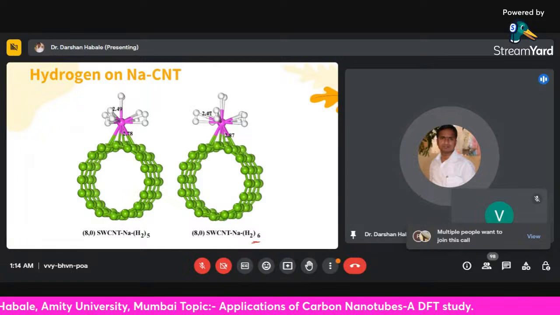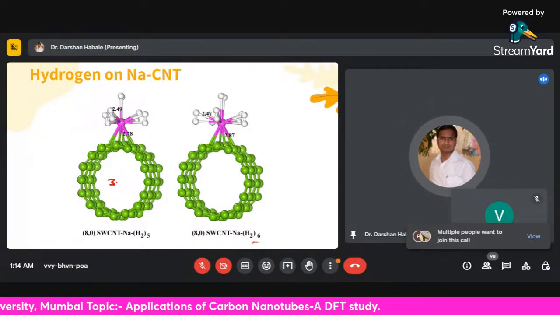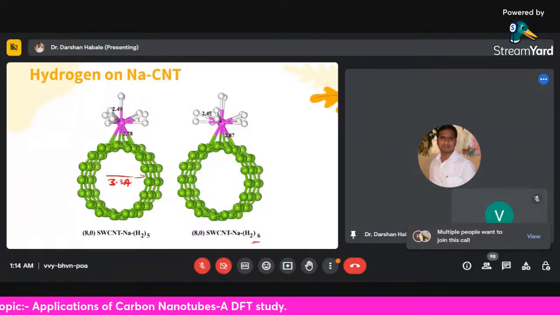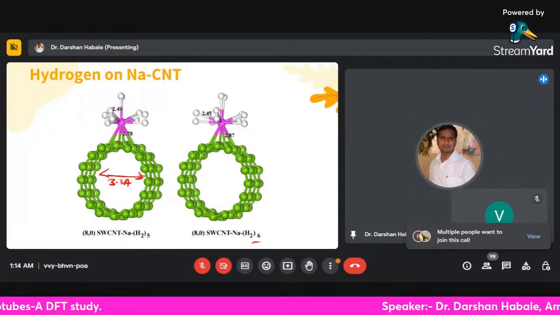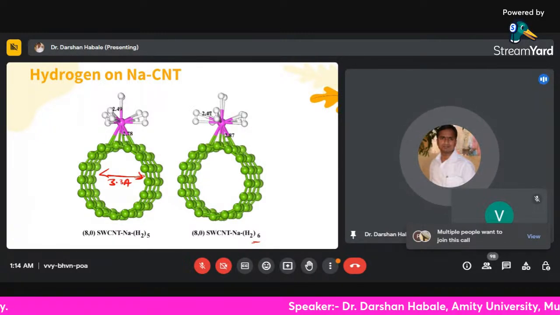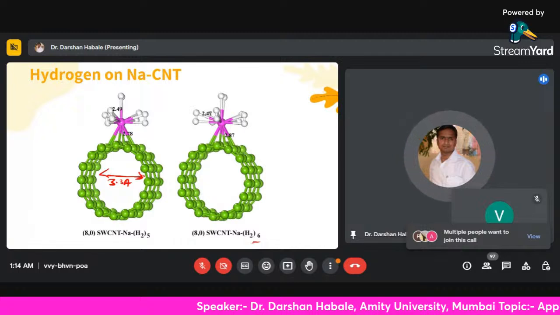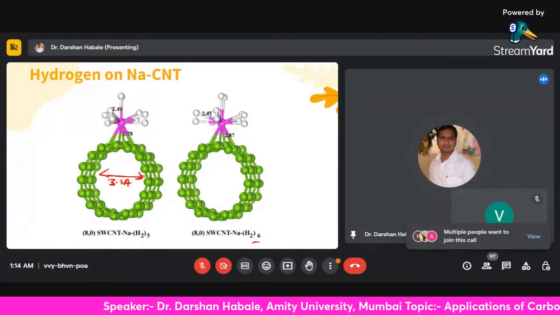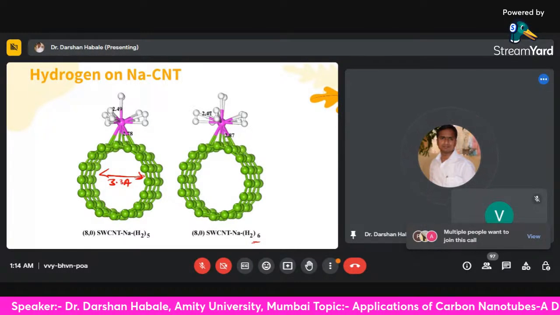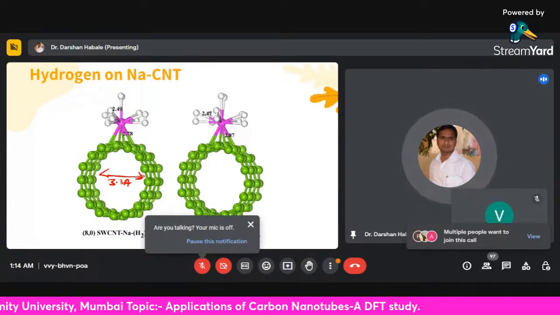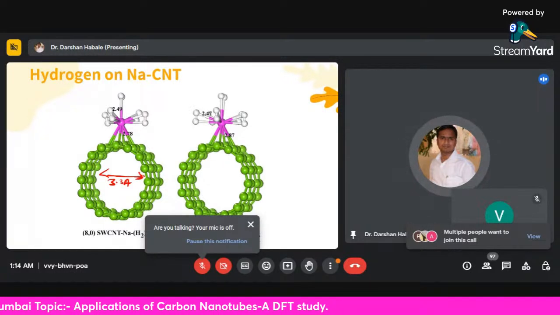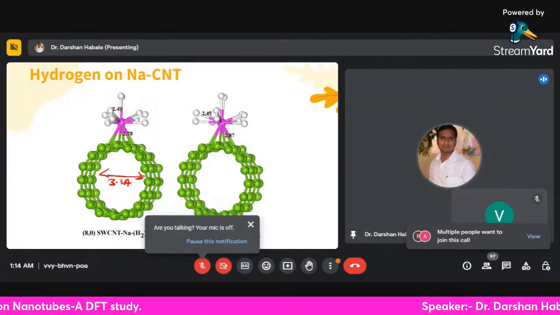The diameter of this CNT is around 3.3 angstrom, and the diameter will vary if you change the number. If you have 50, it comes around 2 point something, and if you have 10, the diameter will increase, because the number of atoms goes on increasing. This is a very small structure, but not small; this is a medium nanotube that we chose, 80 SWCNT, for the adsorption of hydrogen.